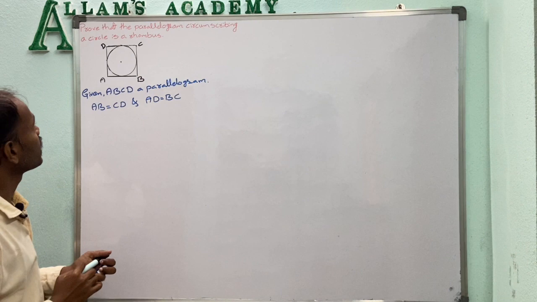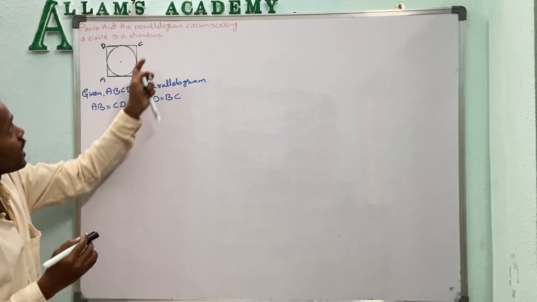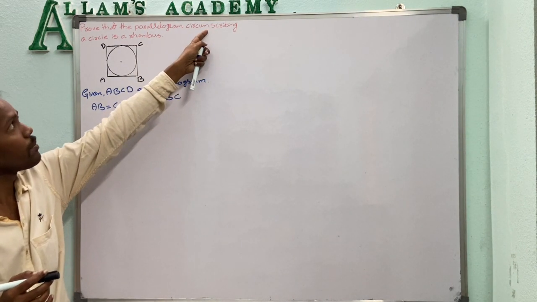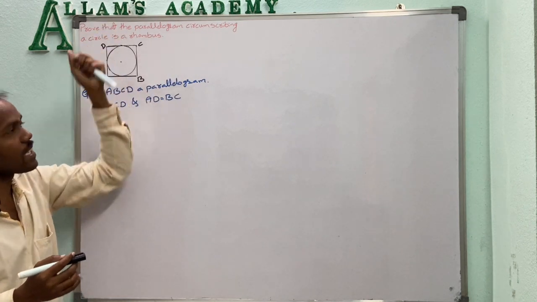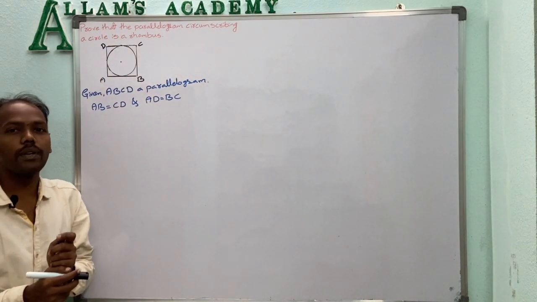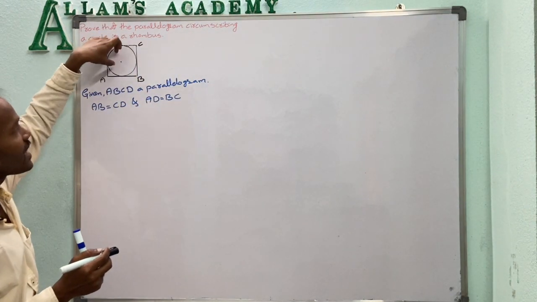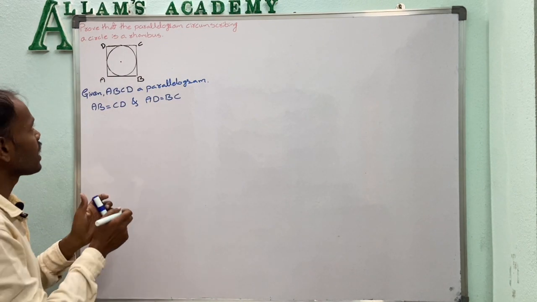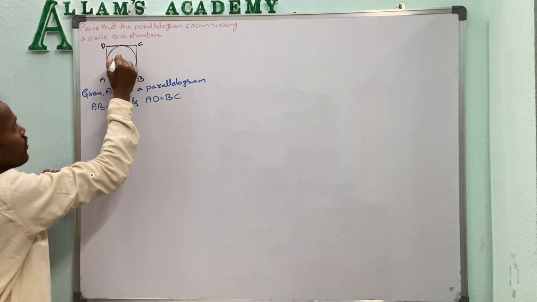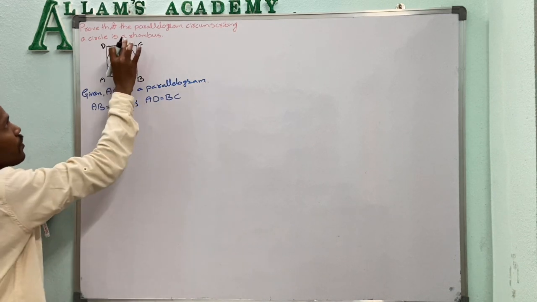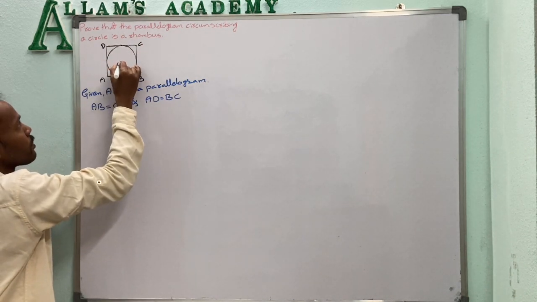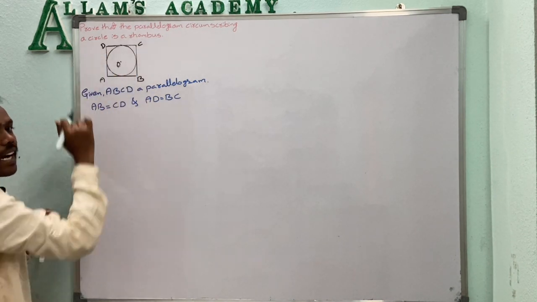Next, that parallelogram is circumscribing a circle, so circumscribing means that it is inside the circle, inside the circle with center O. Now we have to show that the parallelogram is a rhombus.